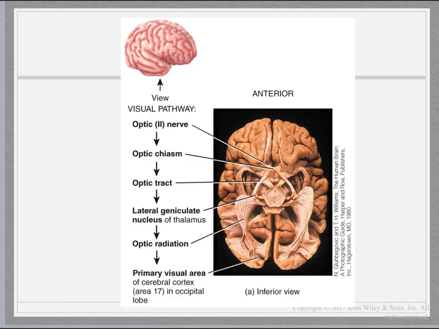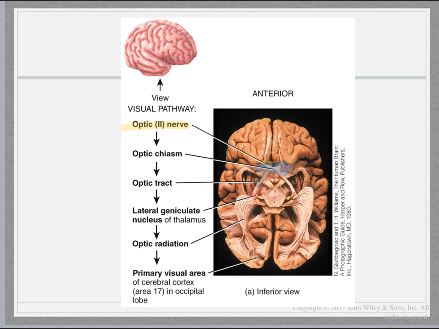We can use a picture to follow this visual pathway. Cranial nerve number 2, we'll start with the optic nerve right here. Let's use blue, maybe that'll show up better. From the optic nerve and the optic chiasm, the actual crossing over event that we see, through the optic tracts, we follow it here.